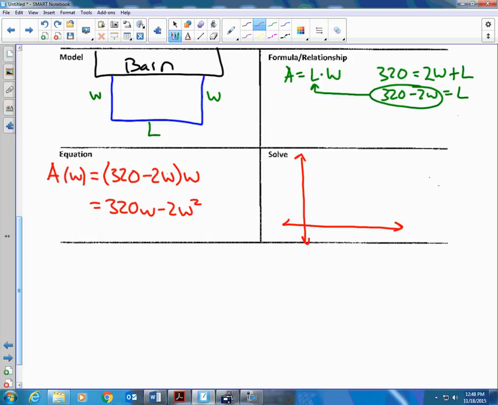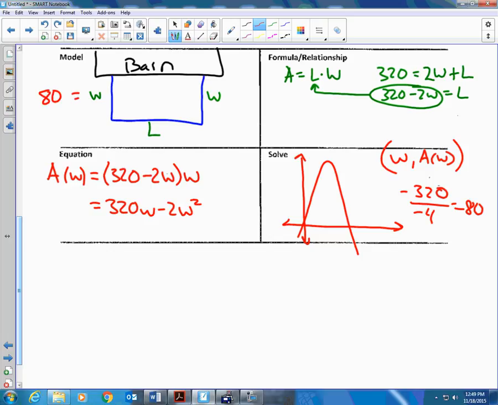What shape does that make? Parabola, right, opens up or upside down? Looking for the vertex, which would happen at W of A of W. And how do I find the vertex? Negative B divided by 2A, so negative 320 divided by negative 4 is 80. So I have 80 is equal to W. Now, Claire, you chose L to be this spot, right?